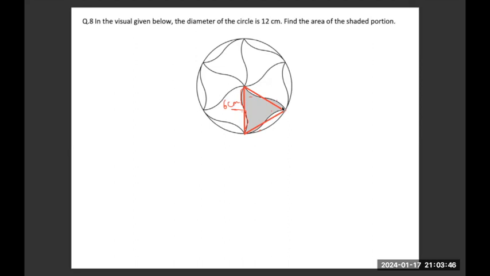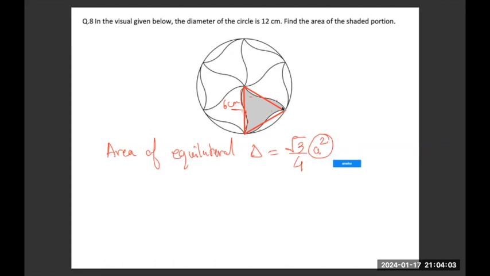One second. Can anybody just help me? Yeah, √3/4 a square. This a is the length of the side.